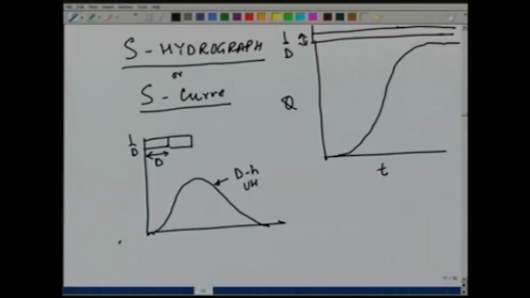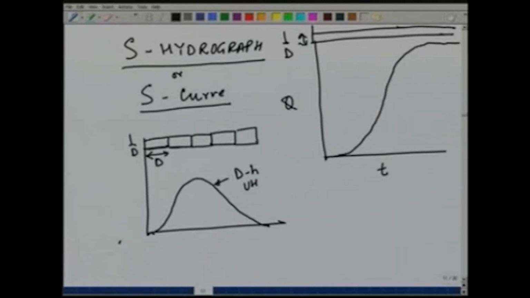So, if we have a d hour unit hydrograph available to us and we want to derive the S curve for this, we can say that the rainfall of duration d repeats itself a number of times, actually till infinity.